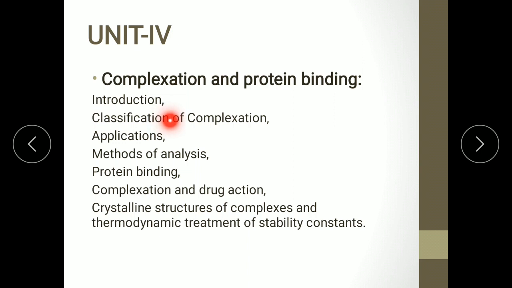There are different classes like metal complexes, organic complexes, and inclusion complexes, and there are again subtypes of complexation: organic complexation, metal complexation, and inclusion complexation. This topic is very important from your exam point of view. Many questions will come from complexation and protein binding, and it is very easy to understand also.